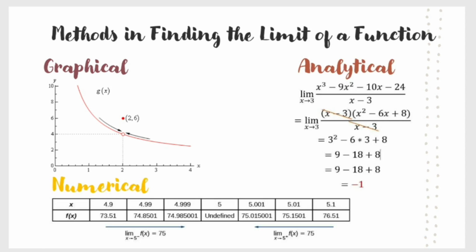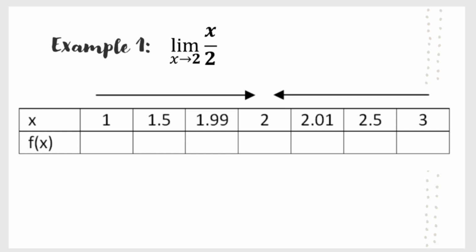Let's start with numerical. Suppose you have a function f of x equal to x over 2 as x approaches 2. We need to construct a table of values of x from the left and right of 2. From the left of 2, we have 1, 1.5, 1.99. From the right of 2, we have 3, 2.5, and 2.01.